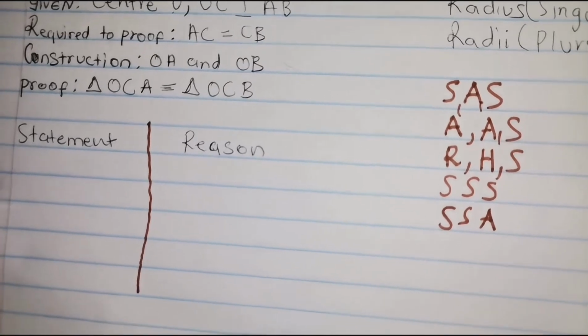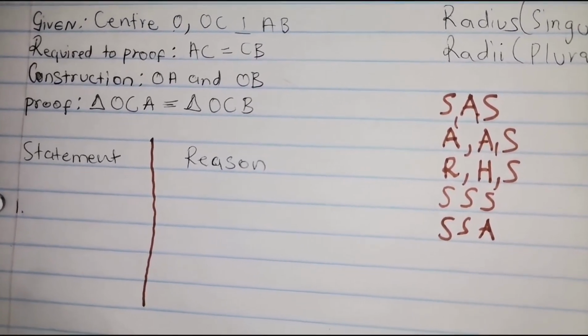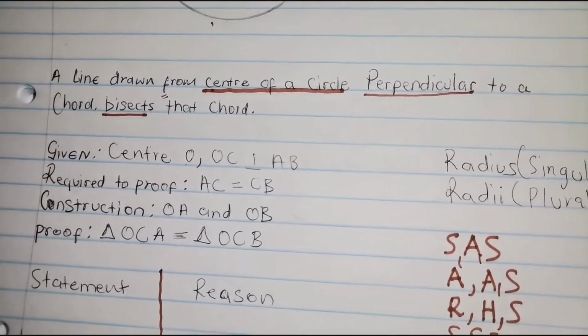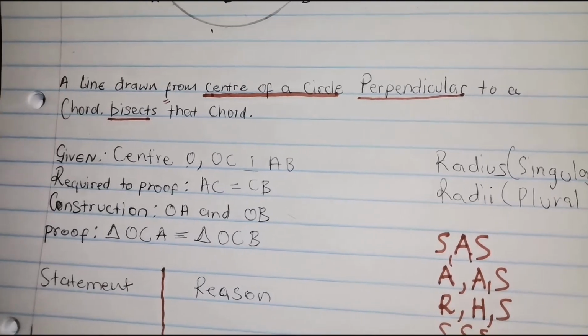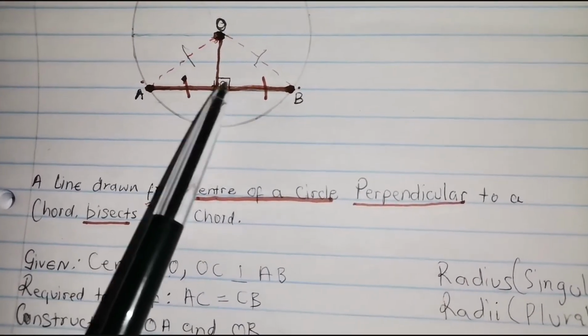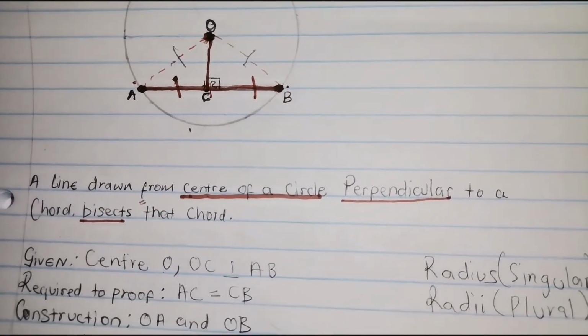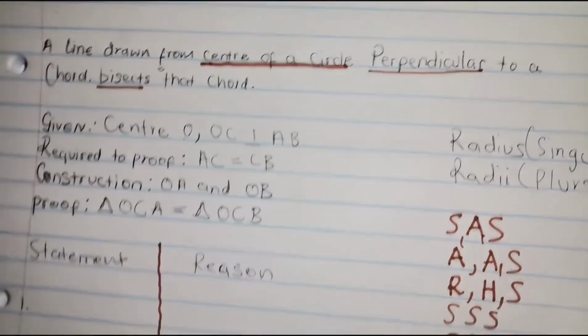So we are given number one. What do we need to prove here? Let's start with the given. Which two angles are we given that are equal on the diagram? We're given that C1 is equal to C2, each equal to 90 degrees.